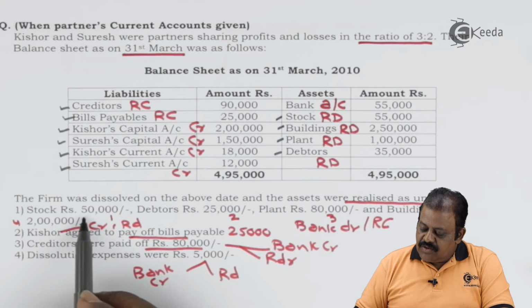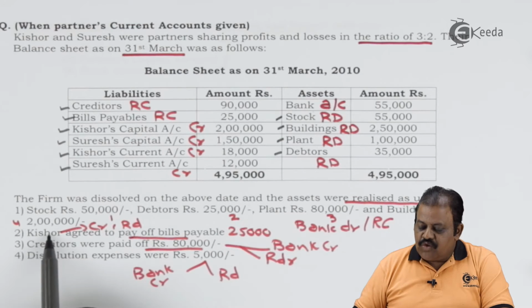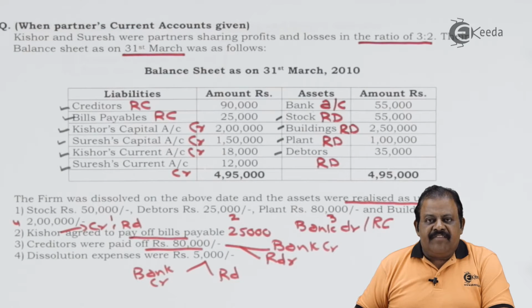First adjustment, stock, debtors, plant and building sold. Entry will be cash bank account debit to realization account.